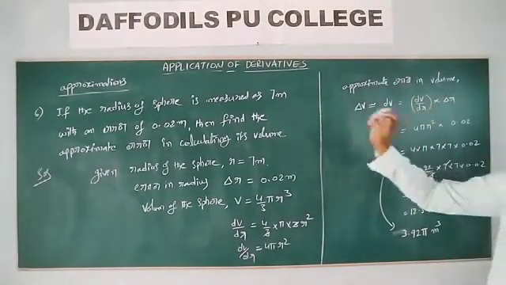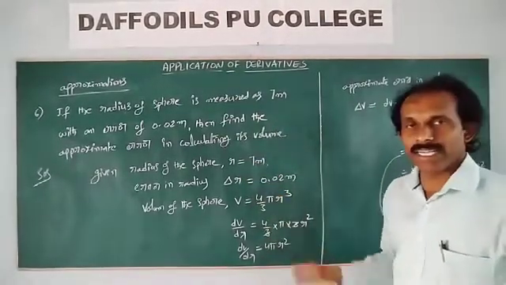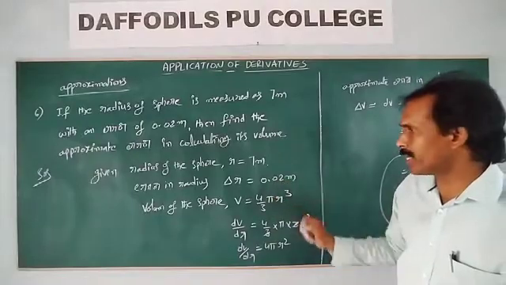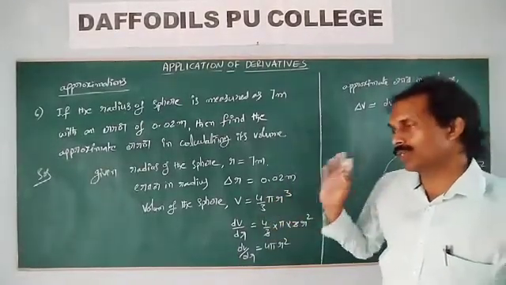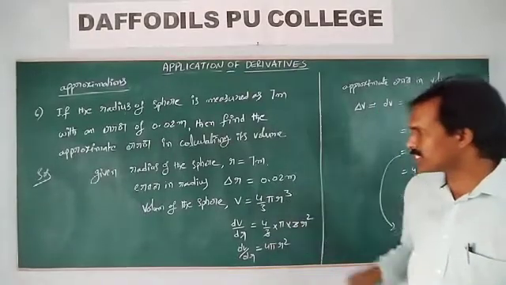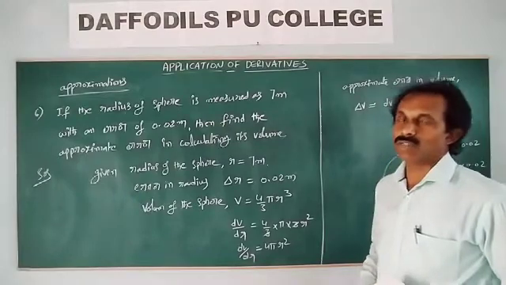So first of all, given radius of the sphere 7 meter, error in radius delta r is equal to 0.02 meter. Volume of the sphere V is equal to 4 by 3 pi r cube. The formulas are very important for this chapter. Remember, mensuration formulas for sphere, cone, equilateral triangle, rectangle, circle, cylinder are compulsory, as the first exercise is a 5 marks question.